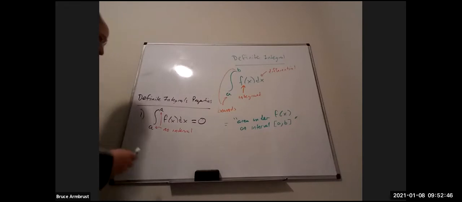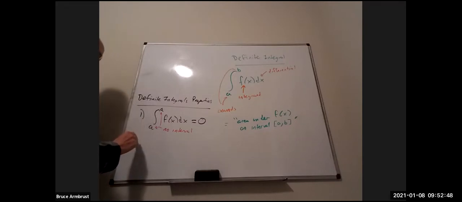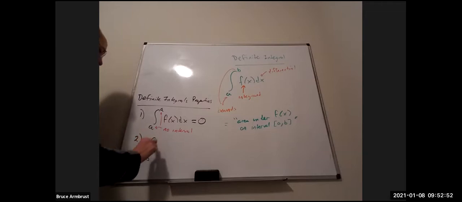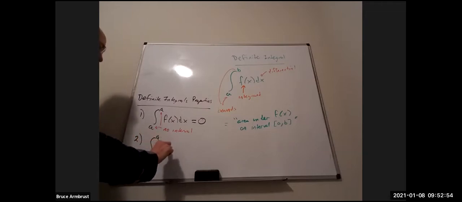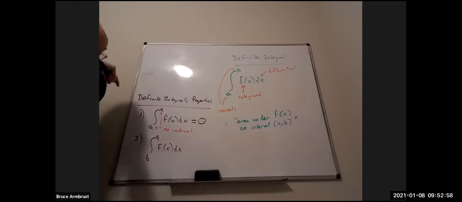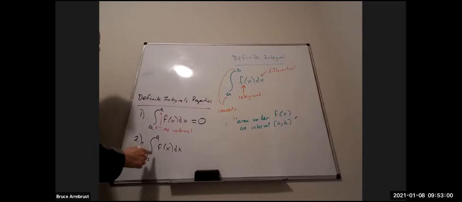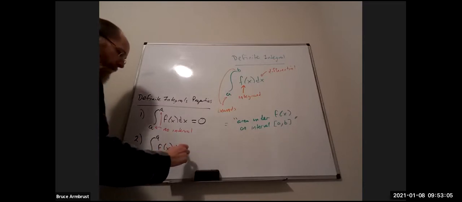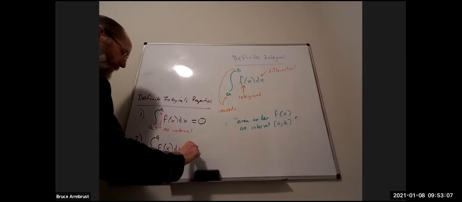Yay. Now, this next one is a little bit weird. What if we were to change the bounds on that integral? So instead of going from smaller to bigger, we go from bigger to smaller. Now, this one, I'm just going to tell you what that equals.